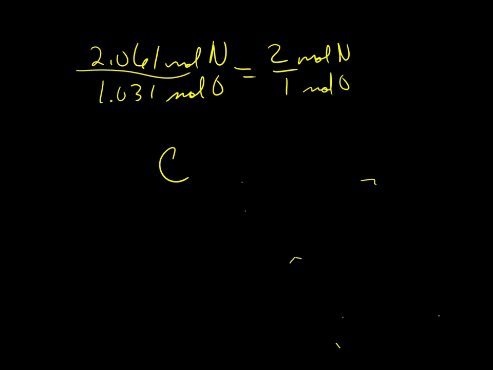So I've got carbon, hydrogen, nitrogen, oxygen. We decided the oxygen was 1. And that made the carbon 4, because we had 4 to 1. Made the hydrogen 5, and nitrogen 2. Pretty straightforward. Find the moles, do the division, divide by the smallest.